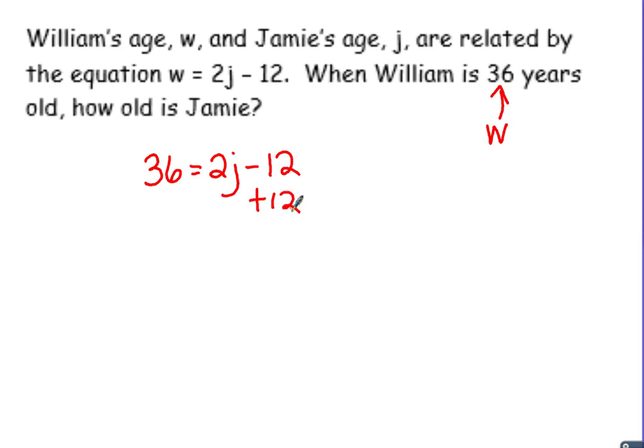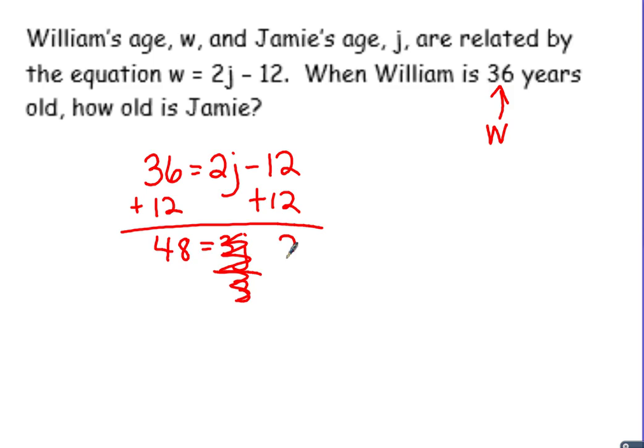Add 12 to both sides. 48 equals 3J. Divide by 3. Oh, I'm sorry, 2J. Excuse me, guys. I'm going to cross that. 2J. Divide by 2. J equals 24. So Jamie is 24 years old.